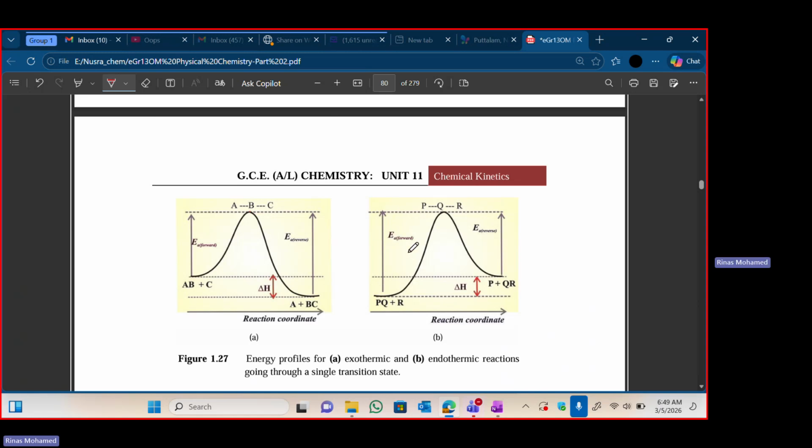This is EA forward. Product to activated state is called EA backward. And delta H also you can mark. Right? On the y-axis you are plotting energy, while on the x-axis you are plotting reaction coordinate. Right? This is the energy diagram.